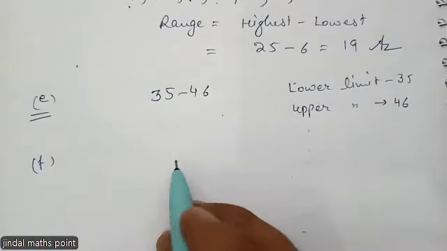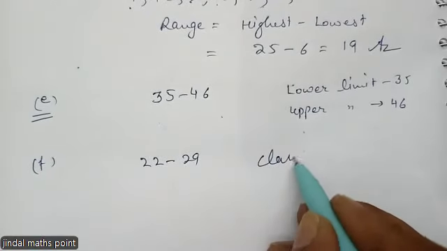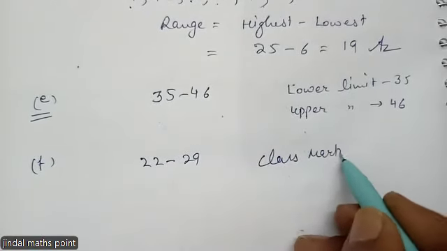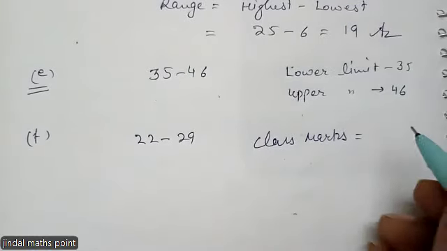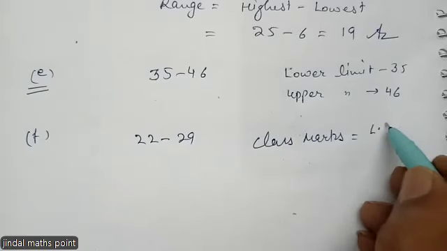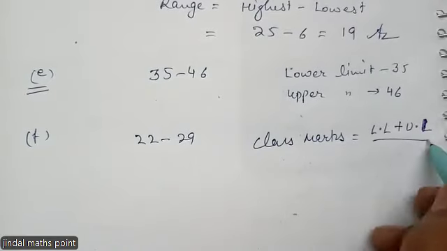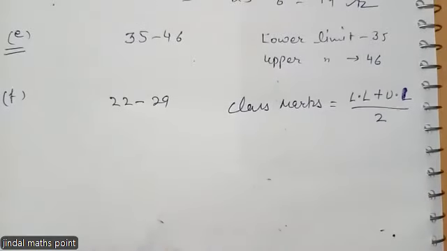F. The class marks of the class interval. Formula of class marks? Upper limit minus lower limit divided by 2. Not minus. Lower limit plus upper limit divided by 2. This is the formula of class marks.